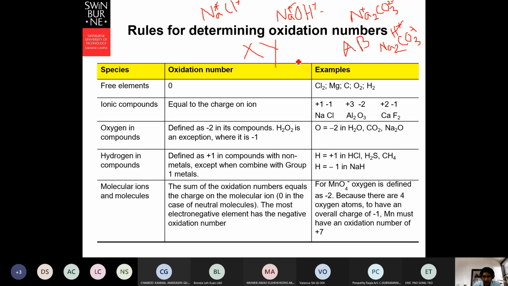So this way it will be neutralized. The whole charge of this element will be neutralized, and then they become a neutral molecule. All right. So this is what I mean: they will rearrange or group up in a way that they can neutralize the charge.